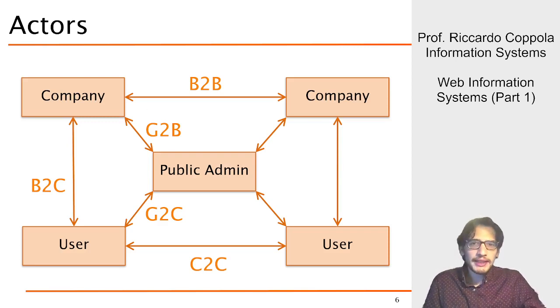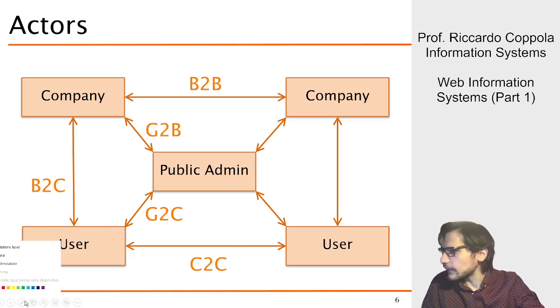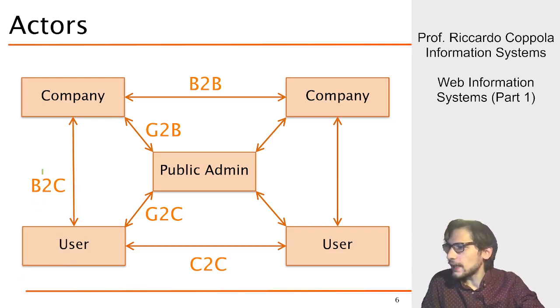There are many actors that can interact inside a web information system. So in general we can have companies. Of course, we can start with the company who creates the information system or where I am using the information system.